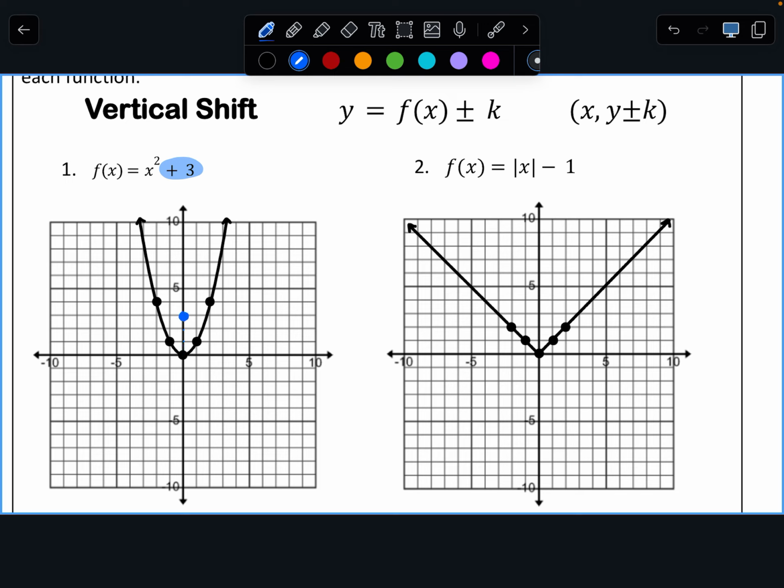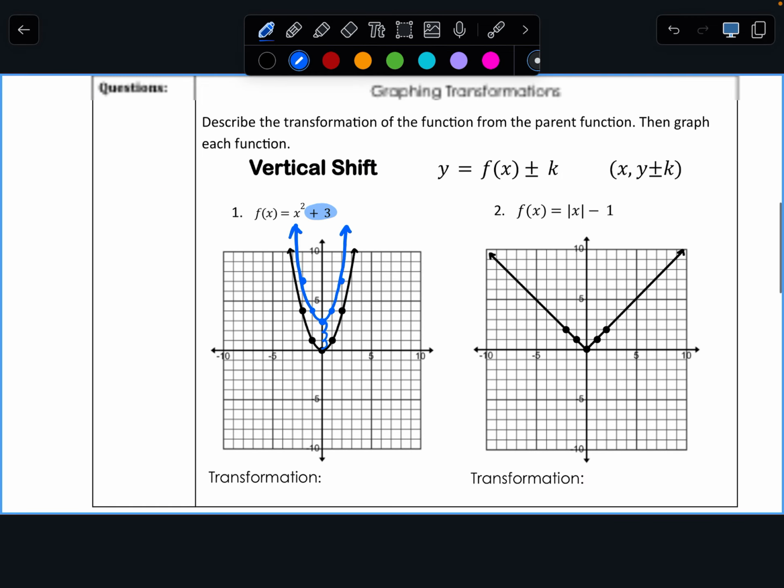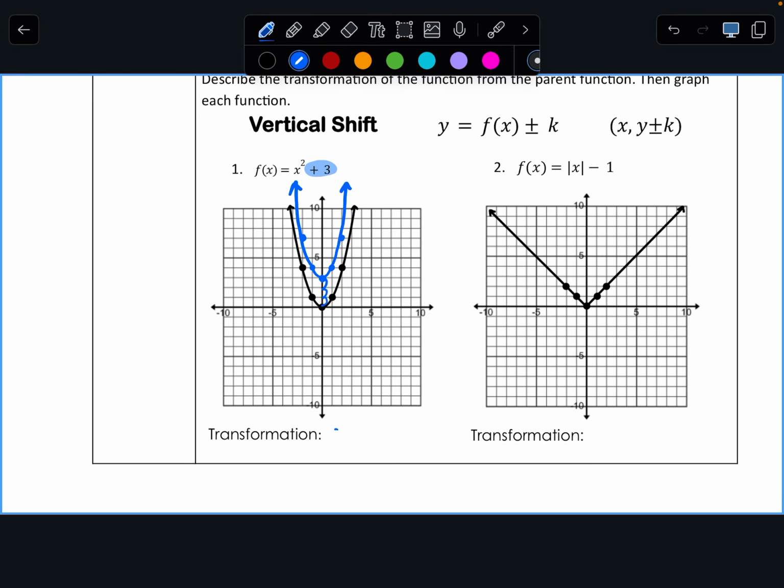So here is my new vertex. And then all of my points move up 3. And here's the transformed function. So you can see that it went up 3 units. So the transformation is shift up 3 units.